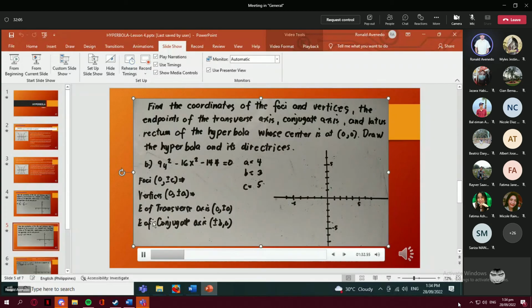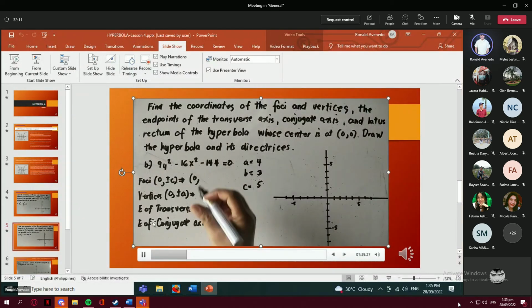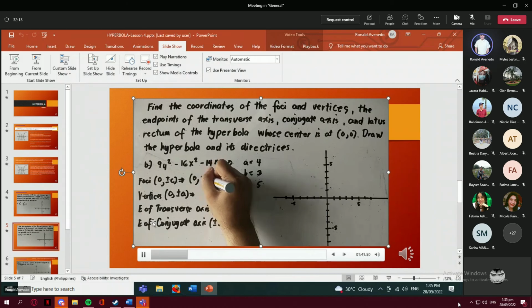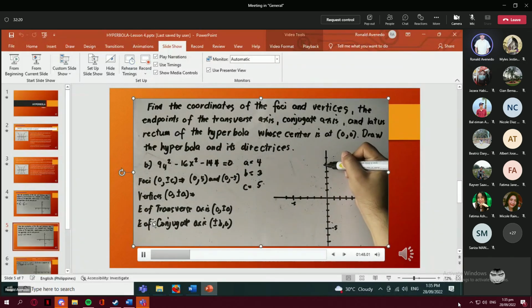Coordinates of the foci, the guide is 0, positive negative c. So therefore this is 0, c is 5, so positive 5 and 0, negative 5. So 0, positive 5 and 0, negative 5.